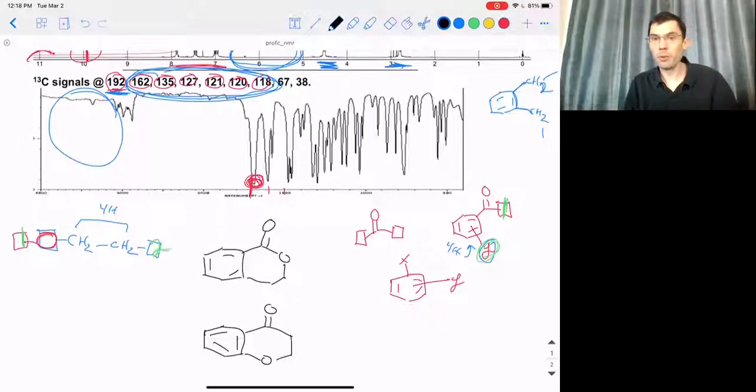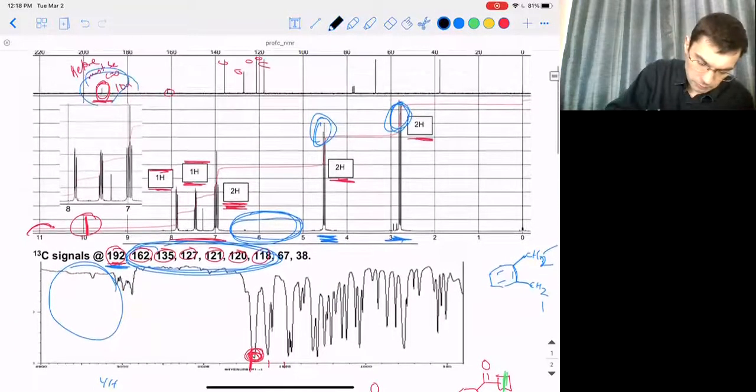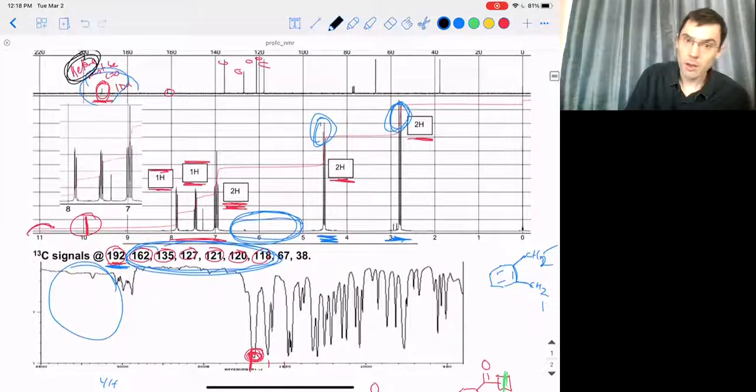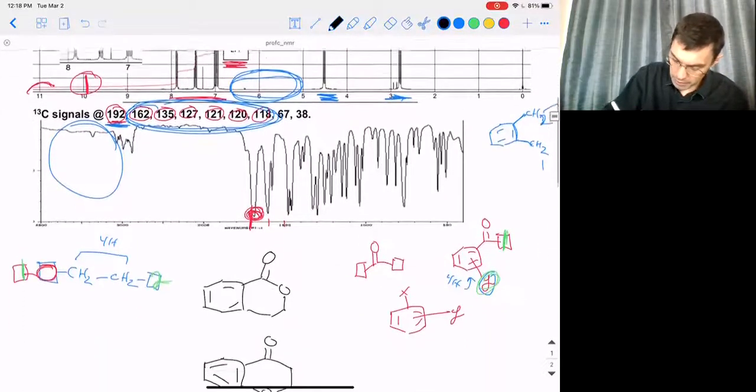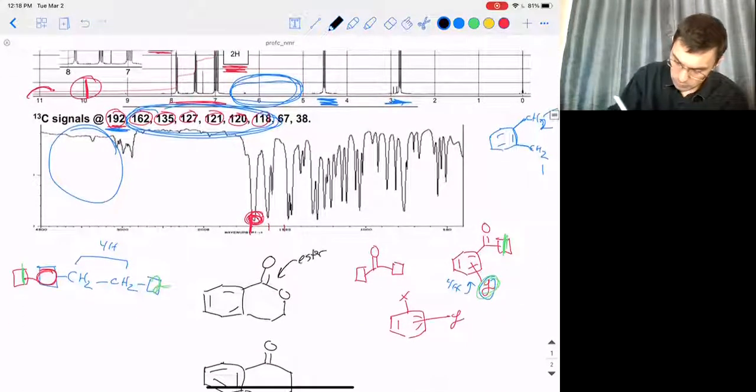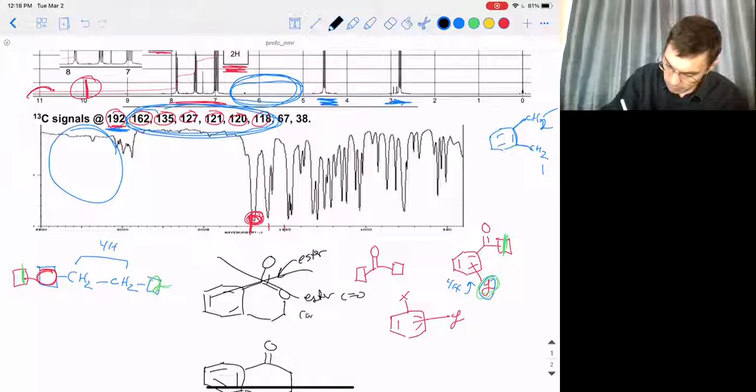And we can tell apart which of these 2 it is very easily because we know we had to have a ketone. And because of that, this is an ester. So it can't be that. The ester carbonyl carbon would be about 170 ppm in the 13C NMR.